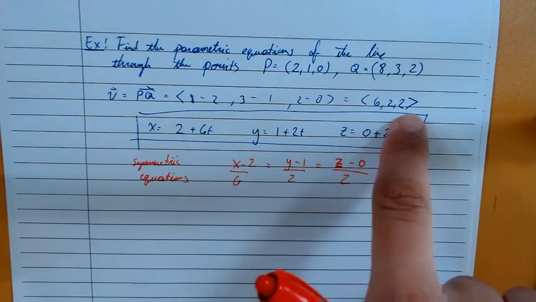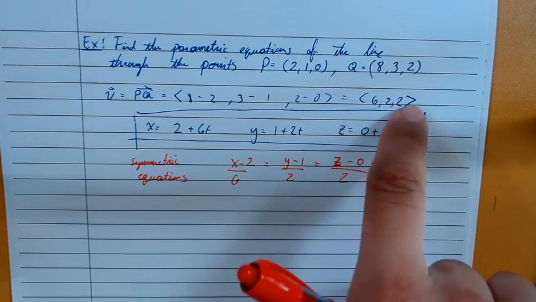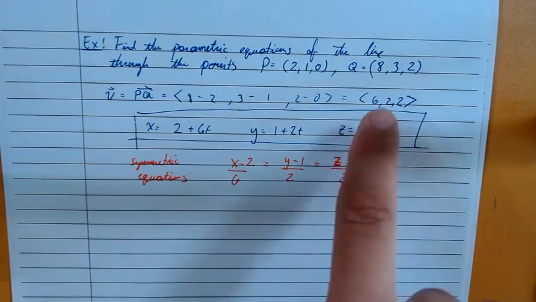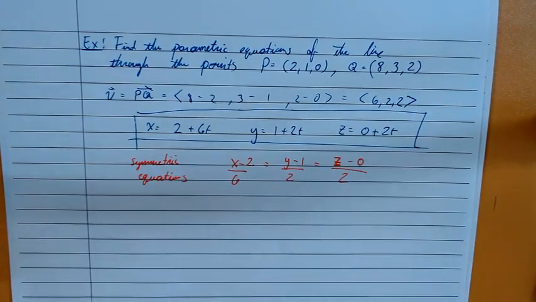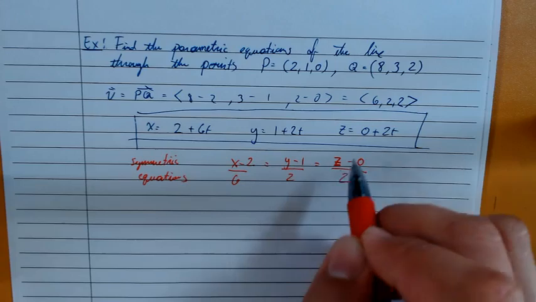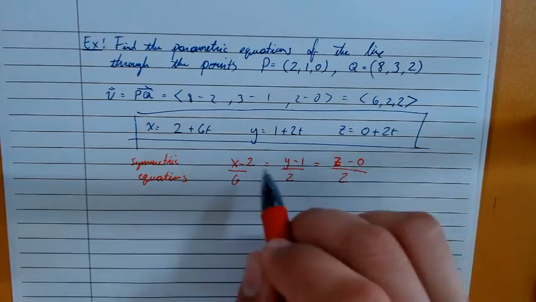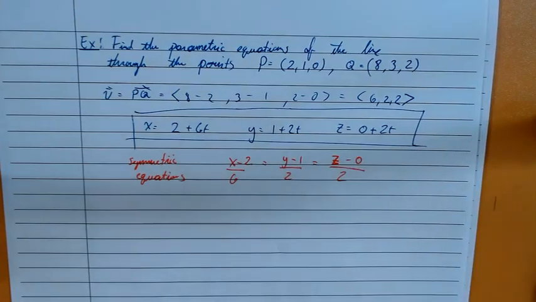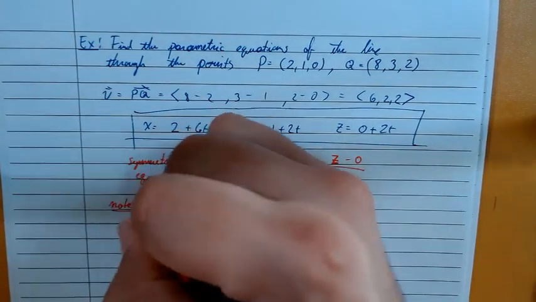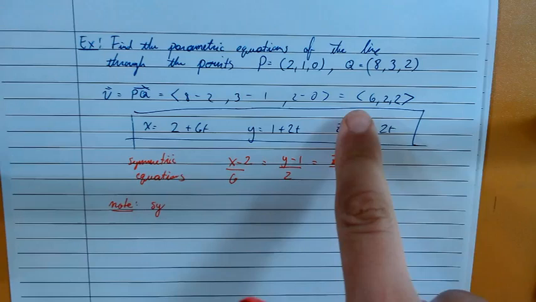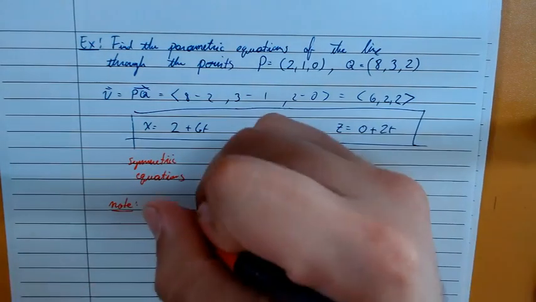Note that here, these components of this vector v are our denominators. If any of these are 0, then the symmetric equations are undefined because dividing by 0 makes it undefined. And if they're all equal to 0, then they're all undefined. So here, I guess I should write that. Note, symmetric equations are only defined if all components of v are non-zero.